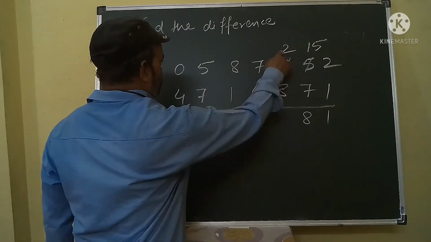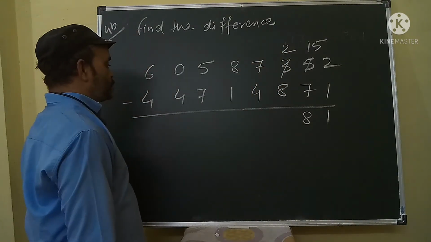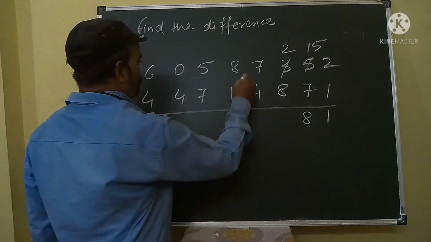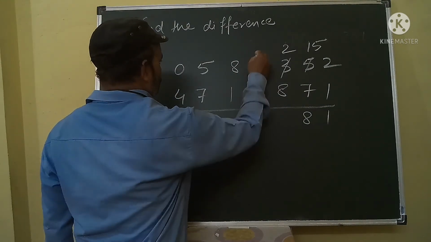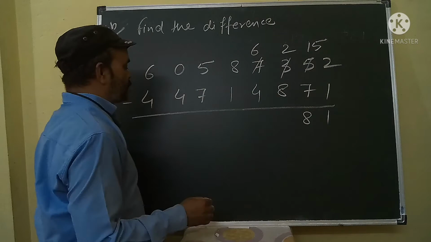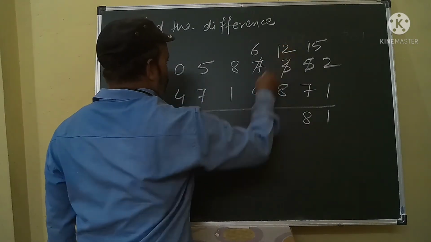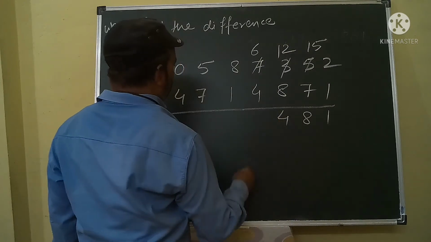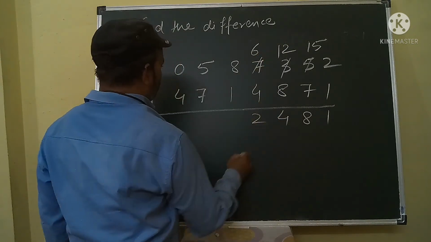This is 8. This is 2. We cannot subtract 8 from 2. So what will you do? We take one number borrow from 7. 7 converted to 6 and 2 converted to 12. 12 minus 8, 4. 6 minus 4, 2.